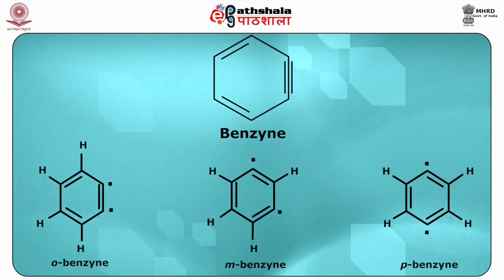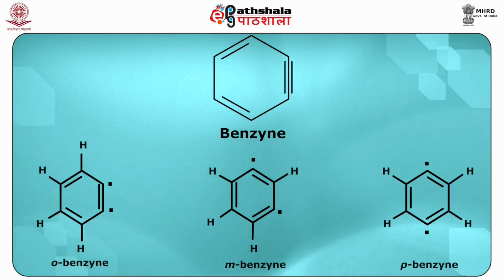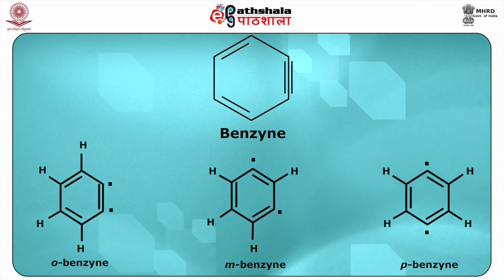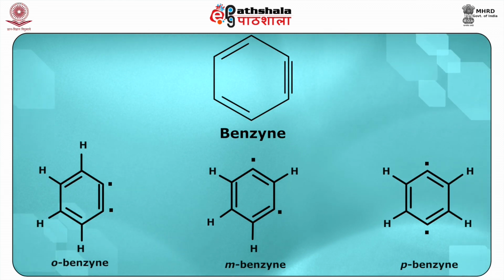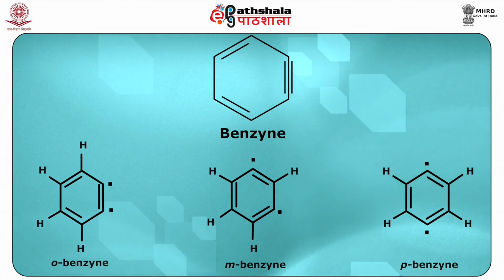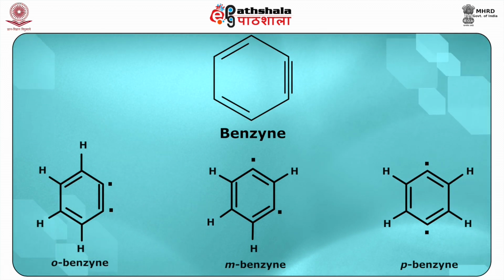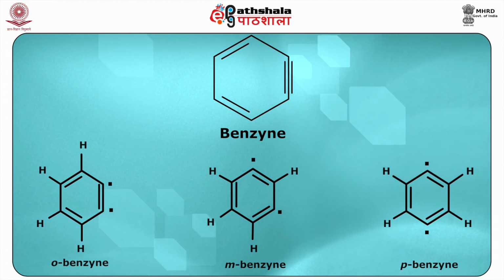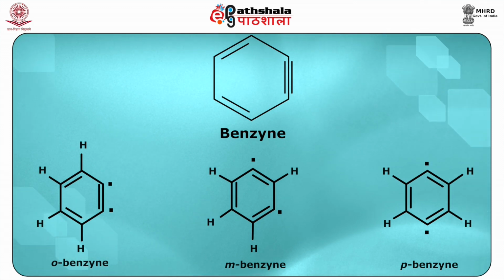These elimination-addition reactions proceed via benzyne intermediates. The benzyne intermediate has a triple bond in the benzene ring during the transition state. The triple bond in benzyne is unusual as each carbon of the six-membered ring is sp2 hybridized, and as a result the sigma bond and two pi bonds of the triple bond are formed with overlapping orbitals.